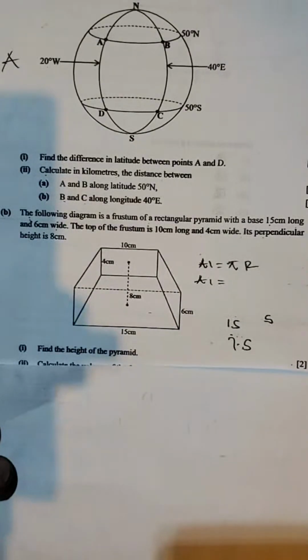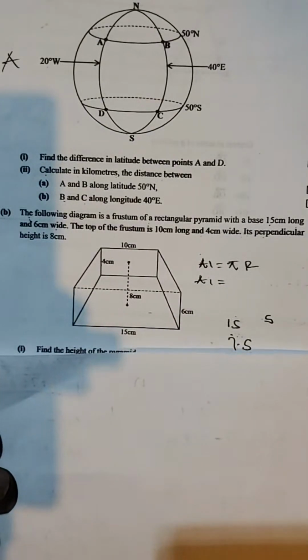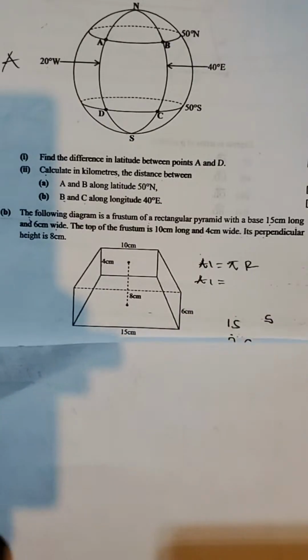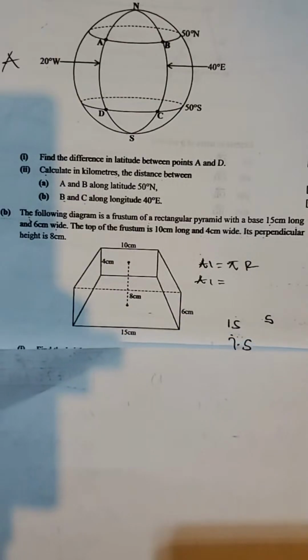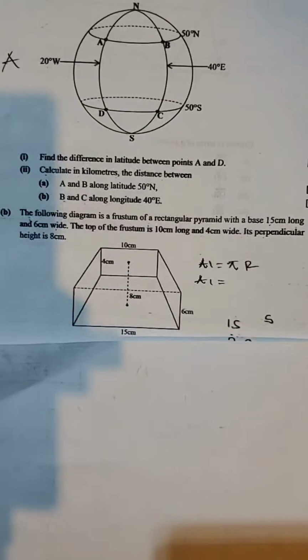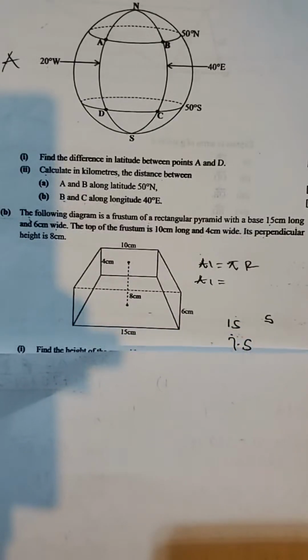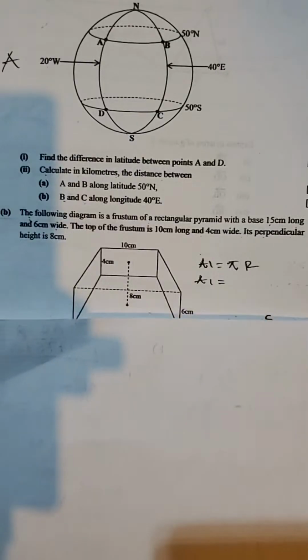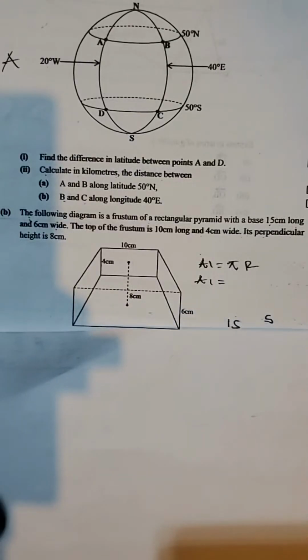So, what is the formula for calculating the volume of this frustum? Yes, Chibesa, that is the answer. It's 11,100. When you round it off to 3 significant figures, you made a mistake earlier.